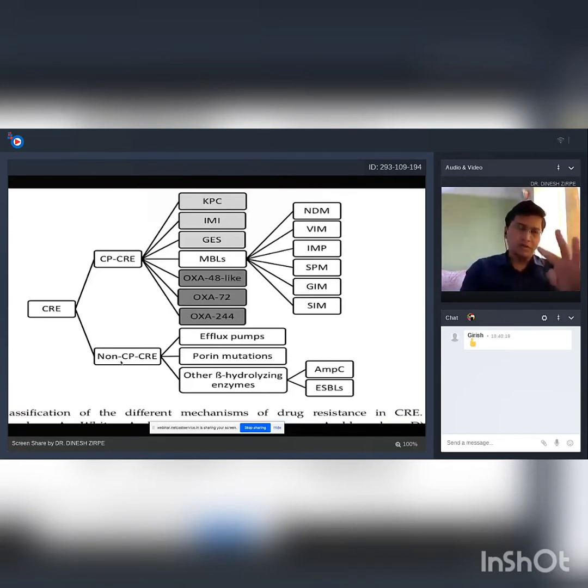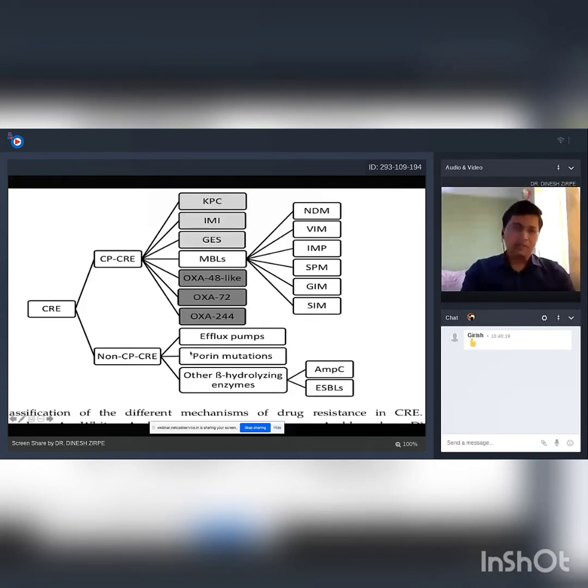They are classified into 2 types: either carbapenemase producing CREs or non-carbapenemase producing CREs. As I told you, there are 3 types of mechanism. One is producing enzymes like carbapenemase. The other is efflux pump or porin mutation, with hydrolyzing enzymes different from carbapenemase.